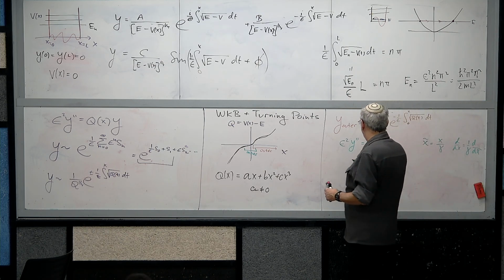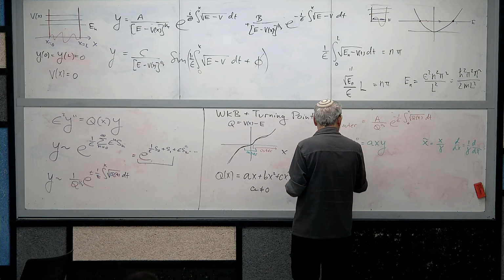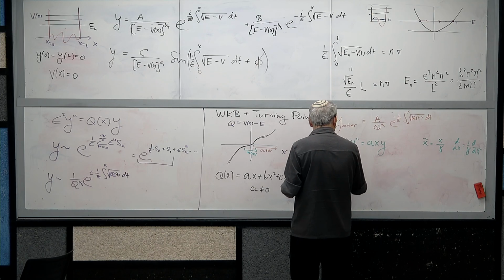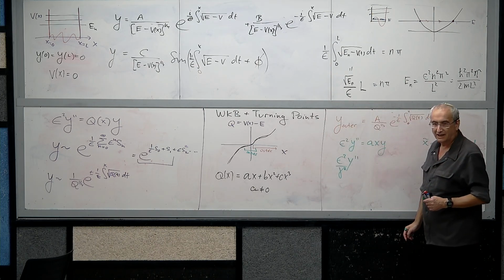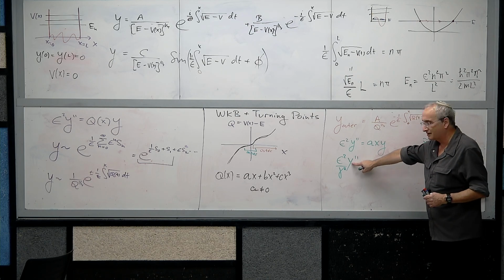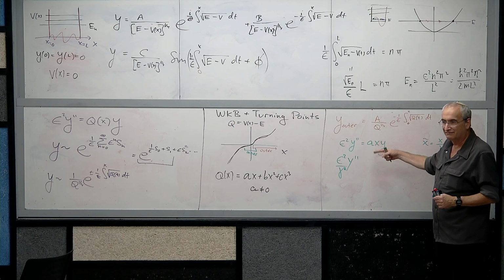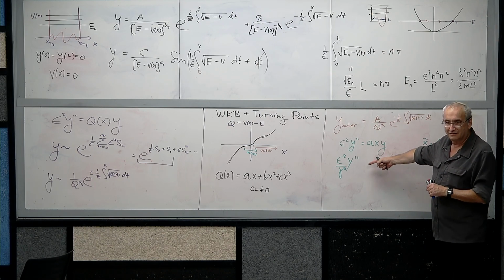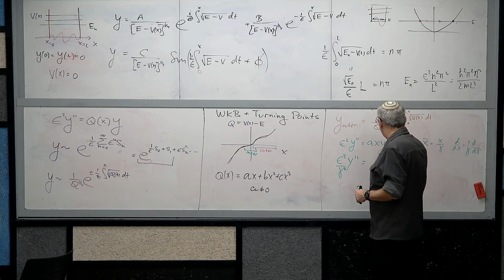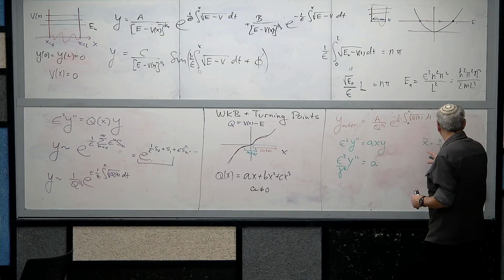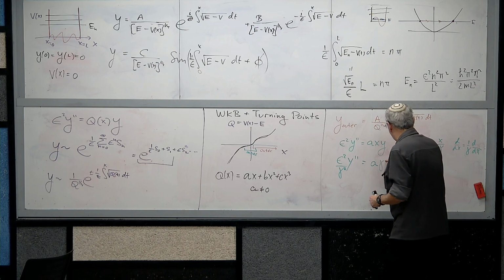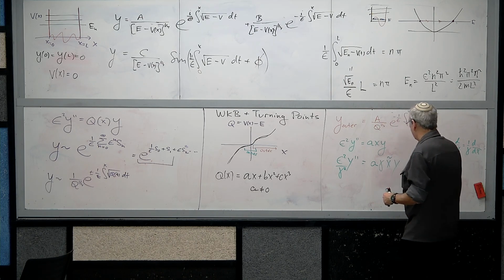So this equation will take the form epsilon squared y double prime over gamma squared, where y is now a function of x tilde and the derivative is with respect to x tilde, like what we did in the boundary layer, equals a times x. But x is gamma x tilde, times y.